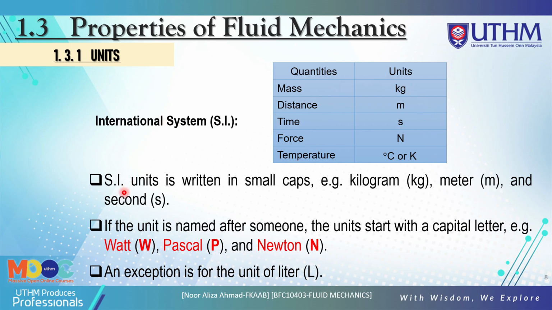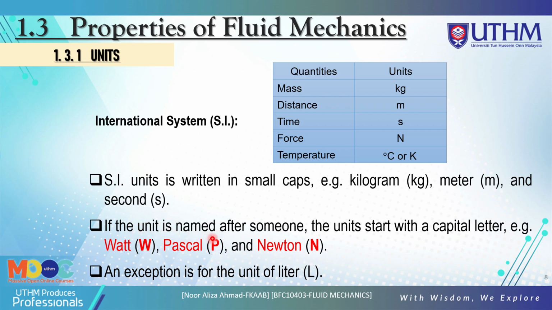We use SI units because we are not using US units, so we use the international system, SI. SI units are written in small letters. For example, kilogram uses the symbol kg, meter is m, and second is s.